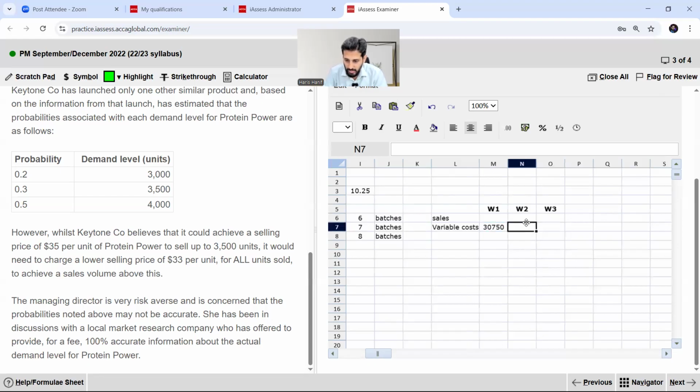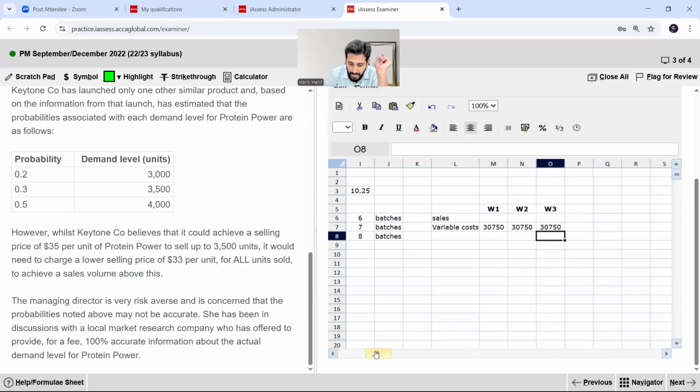No problem, we are just writing it over here: 3000 multiplied by 10.25, right? So this is the very simple point. In working number 1, 2, 3, I got this.